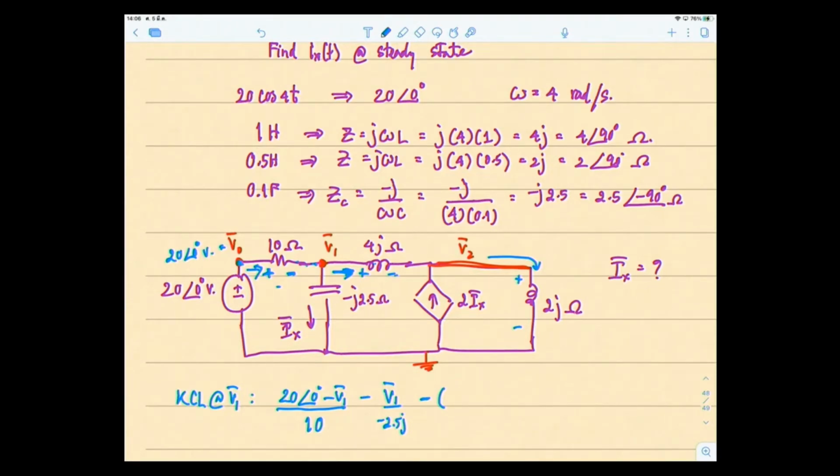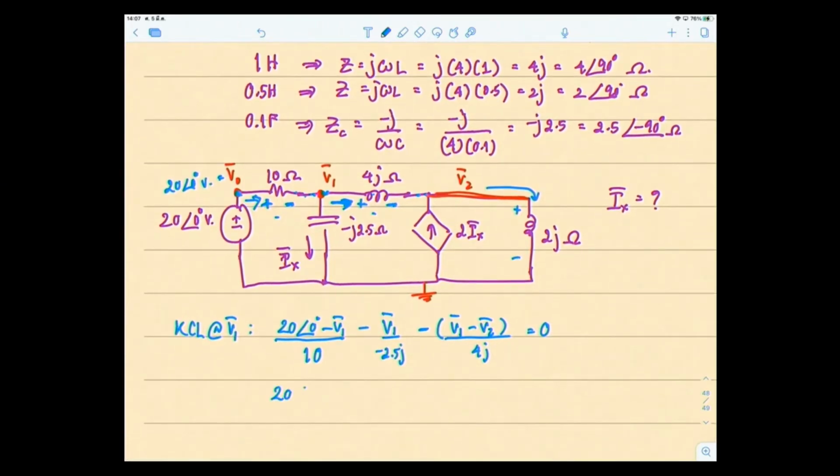So the voltage drop across 4j is the potential difference between the positive terminal here, V1, minus the one at the minus terminal, which is V2. So it's V1 minus V2 over 4j equal to 0. Therefore you have 20 angle 0 degrees over 10, minus V1 over 10, equal to V1 over minus 2.5j, minus (V1 minus V2) over 4j.